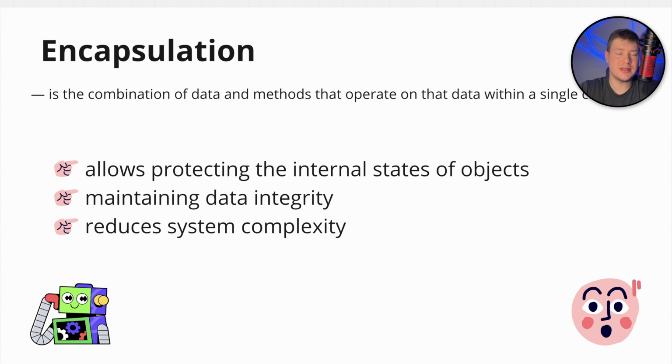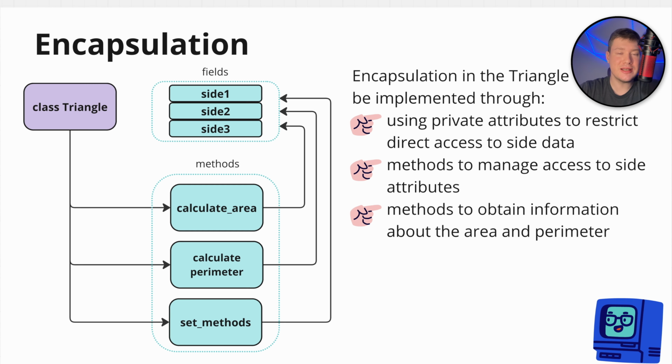And why do we need encapsulation? Encapsulation allows protecting the internal states of objects, maintaining data integrity, and reduces system complexity. Let's have a look at our well-known class Triangle with three fields, one field for each side of our triangle, and methods such as calculate area, calculate perimeter, and set methods for our fields.